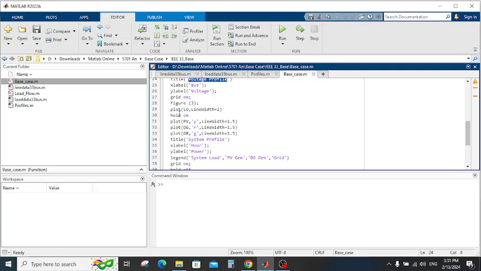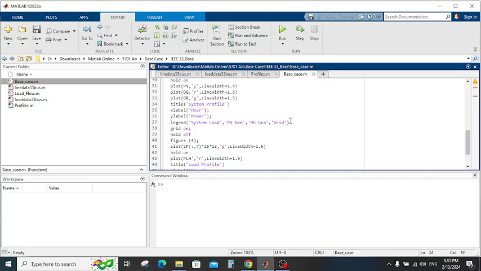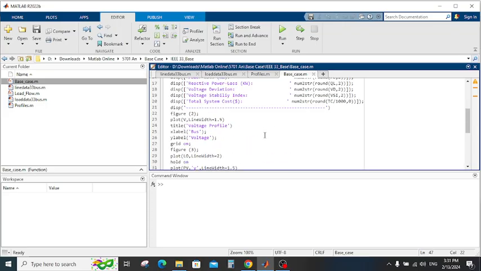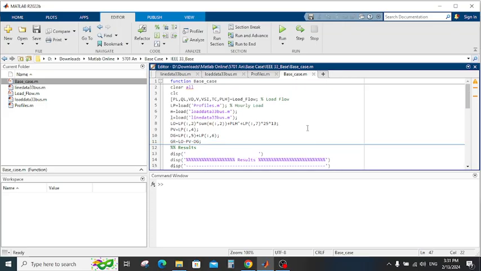We also plotted the load, PV, distributed generation profile, grid profile, system profiles, and also the EV profile, as you see, and the losses profile for 24 hours. This is the base case program.